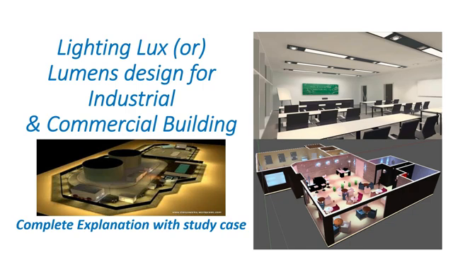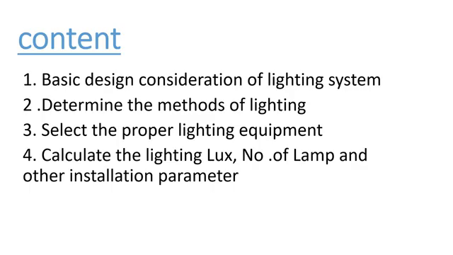Now, in this video we will see how we can design the required lighting level for our room, our building, even our company. Before designing lighting lux, we need to follow 4 steps. The first is the basic design consideration of the lighting system.